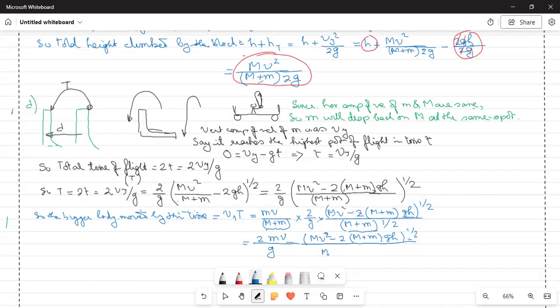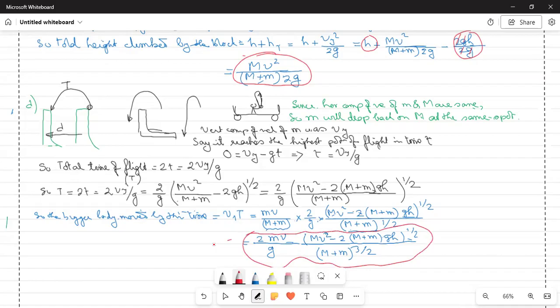This becomes capital M plus small m whole to the power 3 by 2. So this is the distance this body will travel.